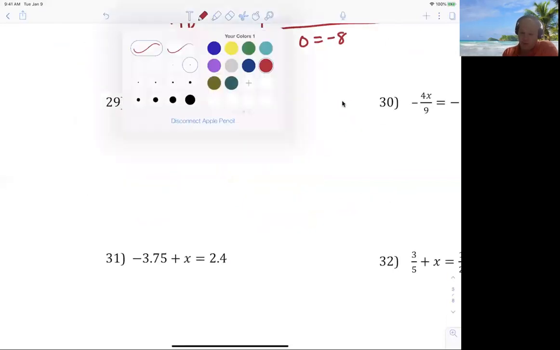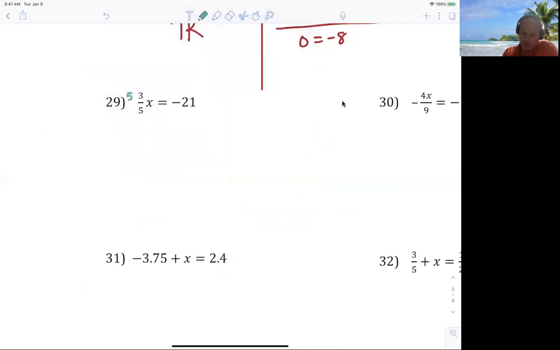29, we're undoing a fraction again, multiply by the reciprocal, multiply by the reciprocal, cancel, x equals, now remember, -21 divided by 3, -7 times 5, -35. Okay.